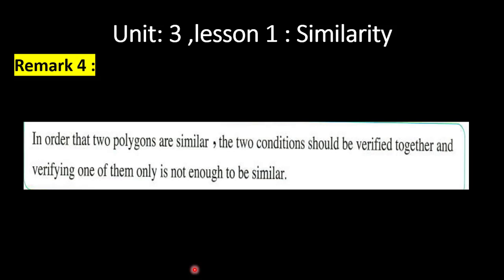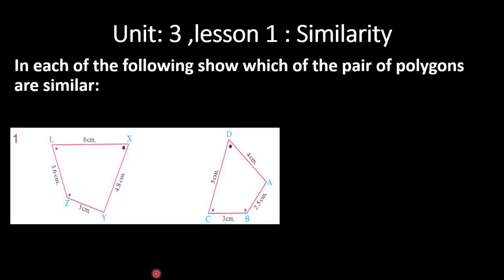So in order for two polygons to be similar, the two conditions should be verified together, not only one of them. Verifying only one of them is not enough. Here, for example, in each of the following, show which pairs of polygons are similar. Here, are they similar or not?